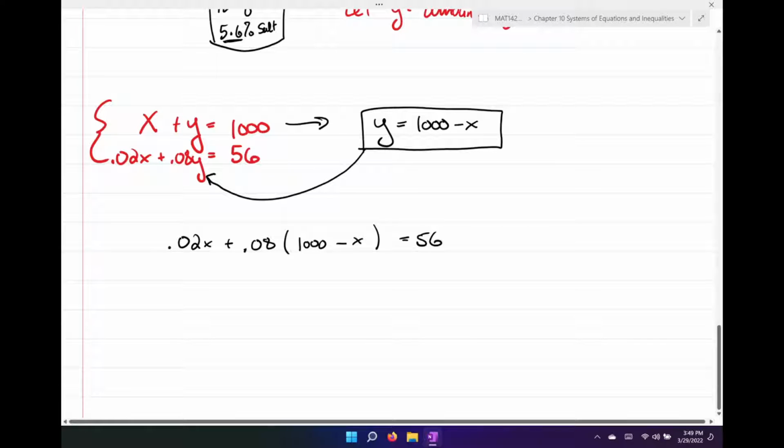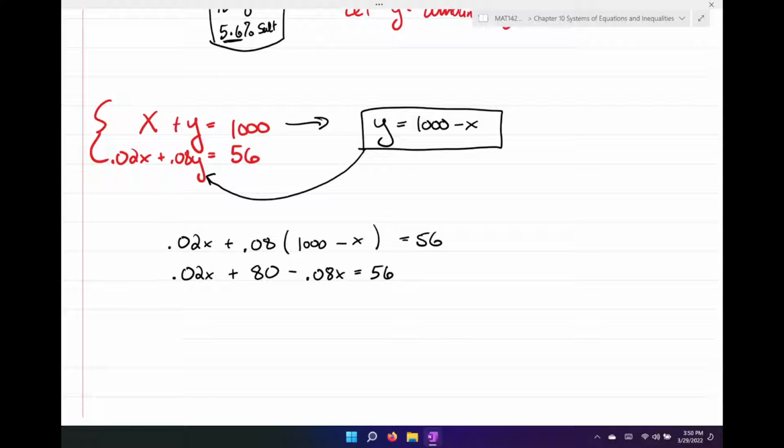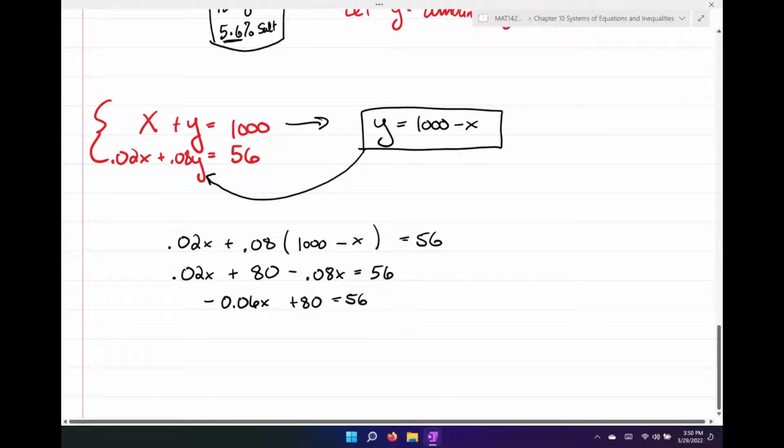From here, I'm just going to do basic math, solving linear equations. I'm going to distribute: 0.08 times 1,000 is going to be 80 minus 0.08X equals 56. Now I'm going to group my like terms. So 0.02 minus 0.08 is going to be negative 0.06X plus 80 equals 56.